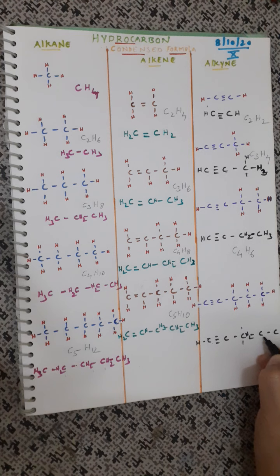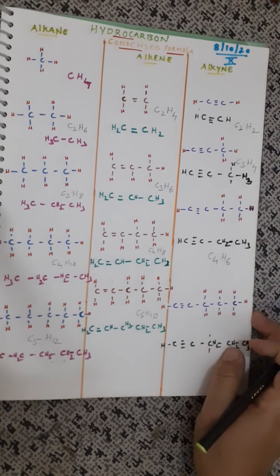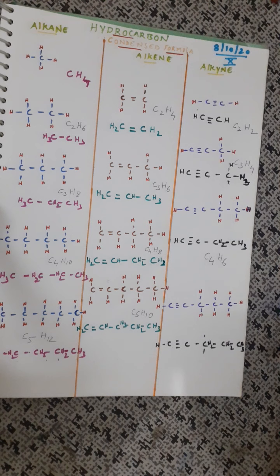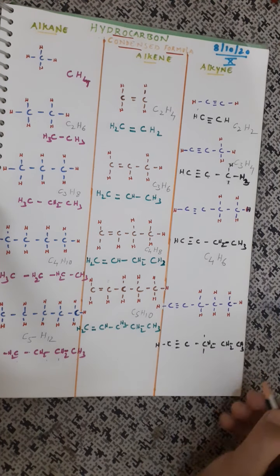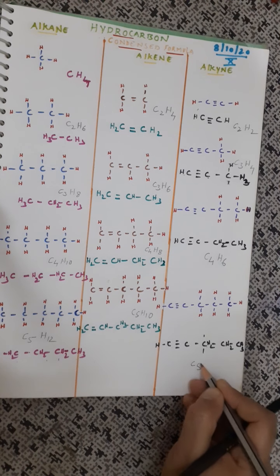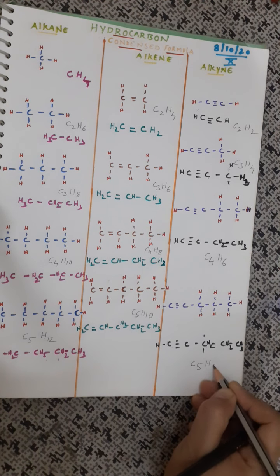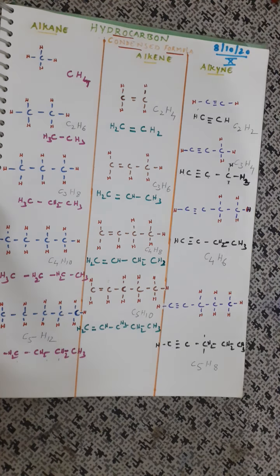Then the fourth carbon, again 2 hydrogens, so CH2. And the final fifth one will be CH3. So CH triple bond C, CH2, CH2, CH3. Further condensed, we can write it as C5H8.